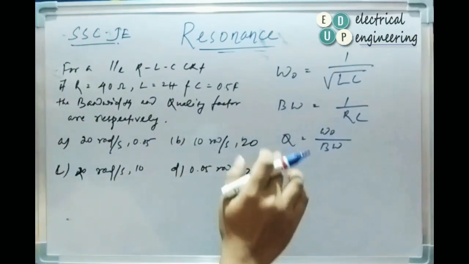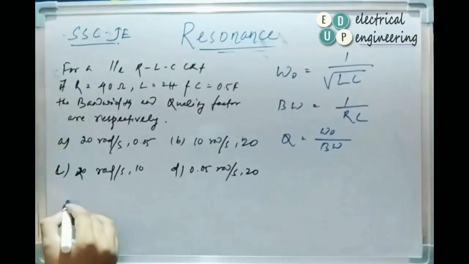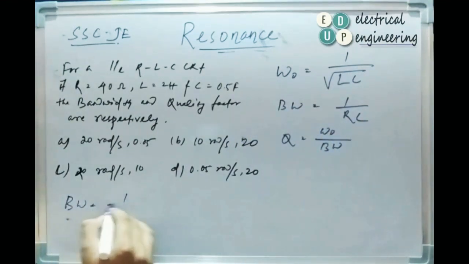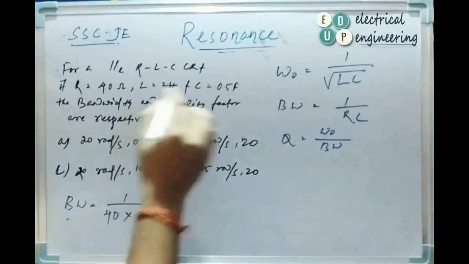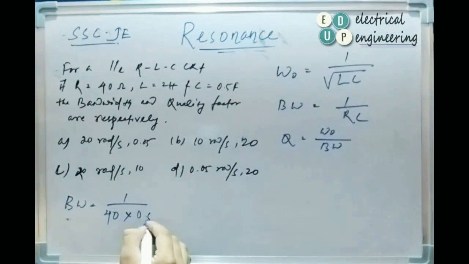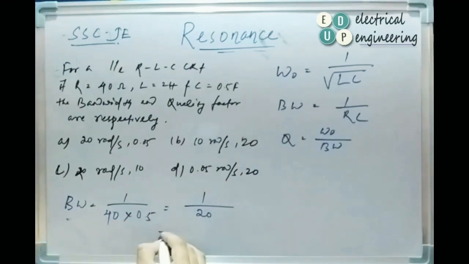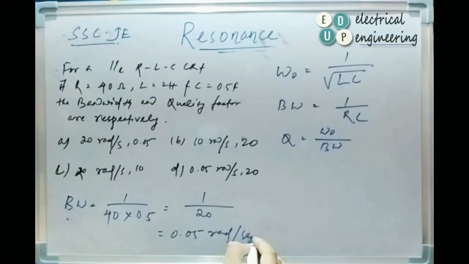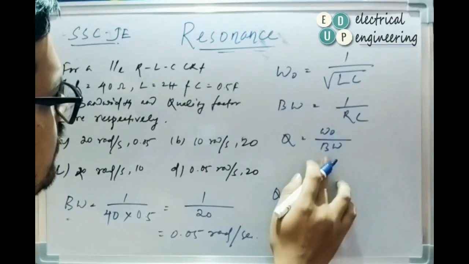So we have to determine bandwidth and quality factor. For bandwidth we have R, we have C, so we can find it out. Bandwidth equals 1 by R, which is given as 40 ohm, into C, which is given as 0.5, that is 1 by 20 or 0.05 radian per second. It is the bandwidth. And how much is the quality factor? Quality factor is omega naught by bandwidth.